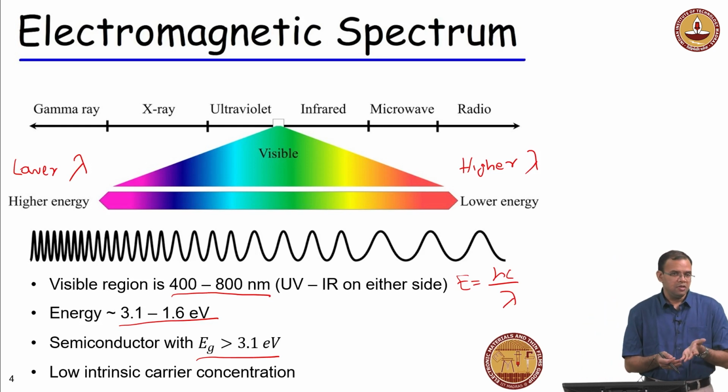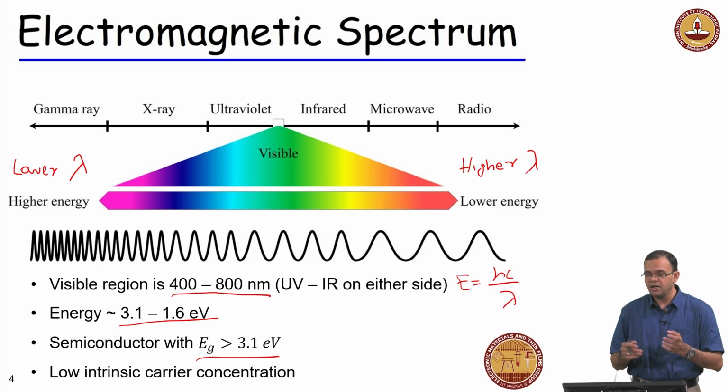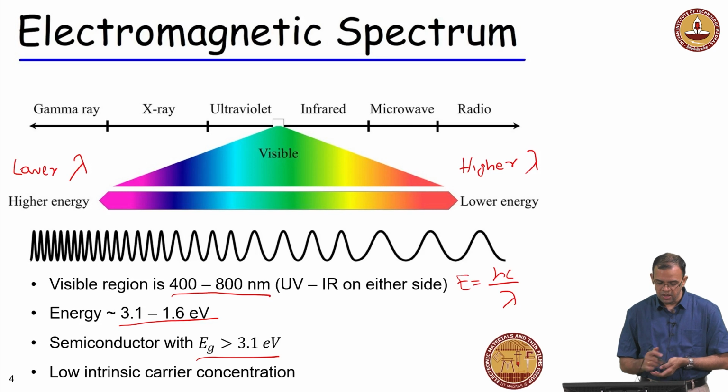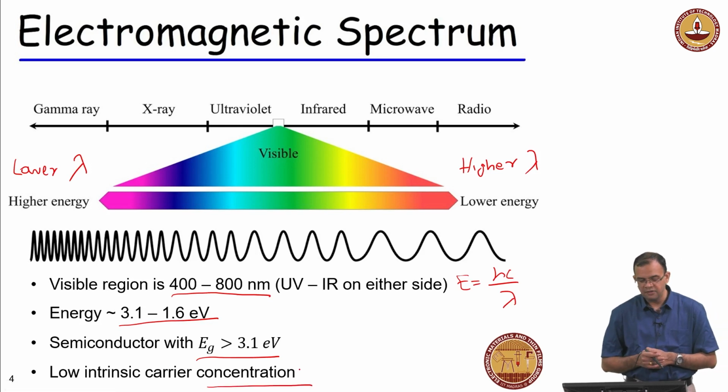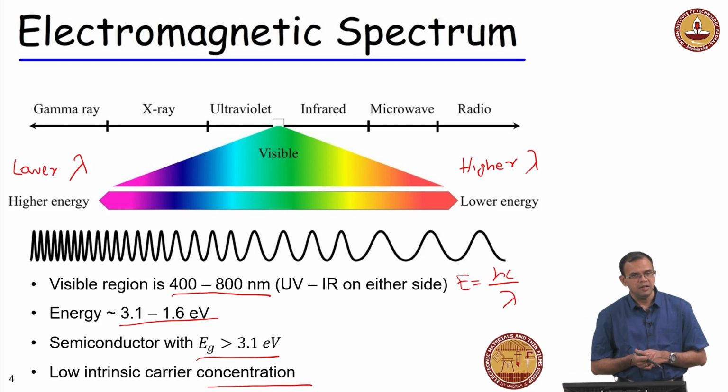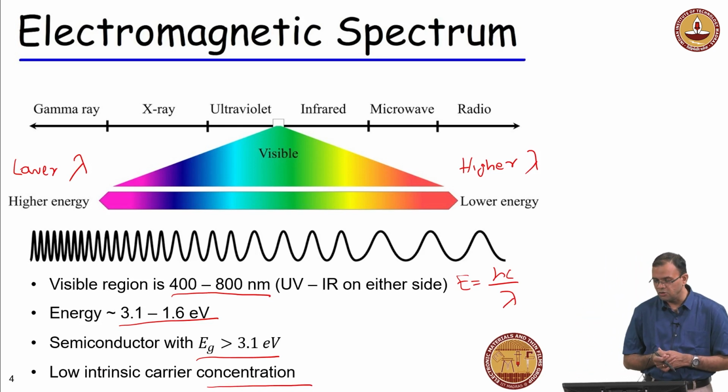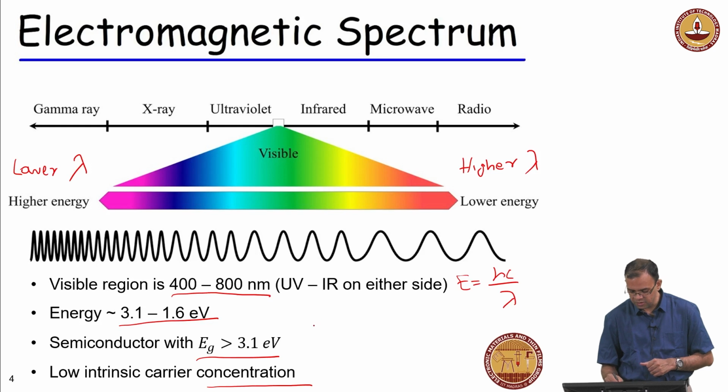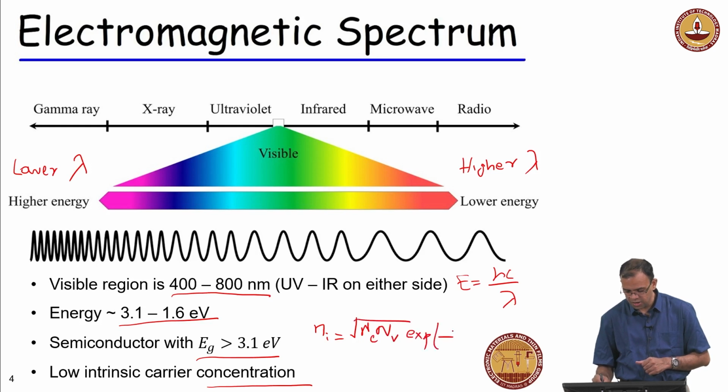So that is good. All I need to do is find a material whose band gap is greater than 3.1. The issue of course is that the moment I have a large band gap, my carrier concentration is also low. If you remember, from a couple of classes ago, we wrote this exponential of minus Eg by 2kT.